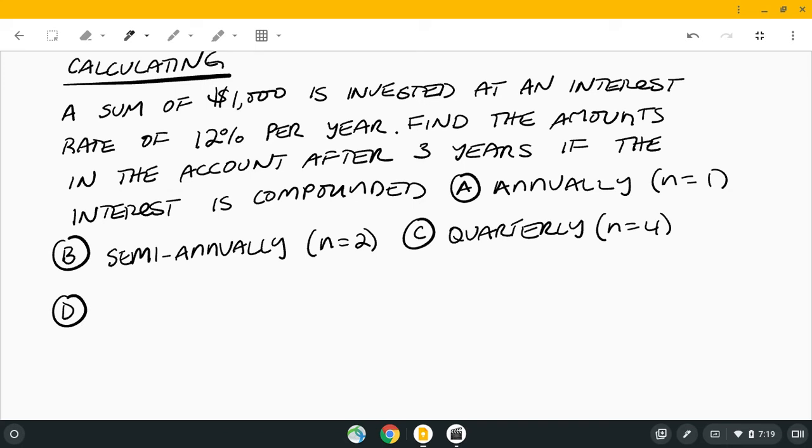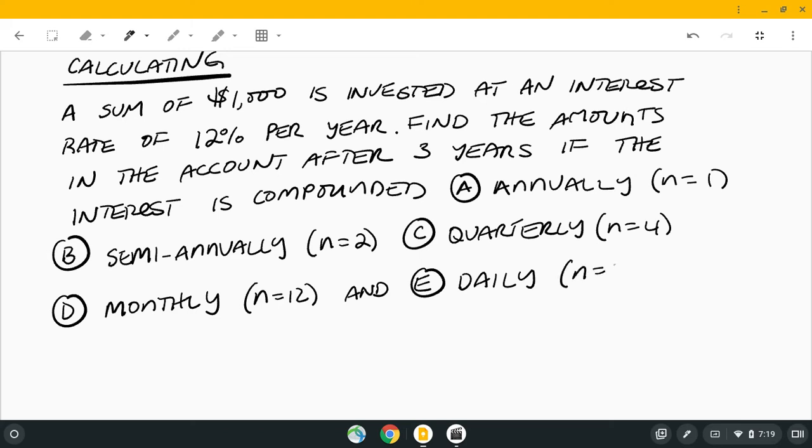D, monthly. If it's happening monthly, how many times a year is it happening? 12. And daily. If it's happening daily, how many times a year? 365.